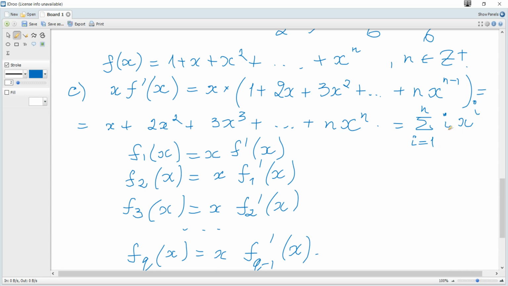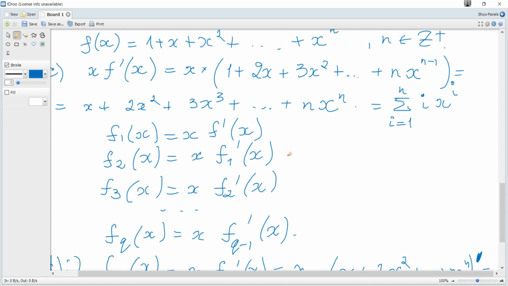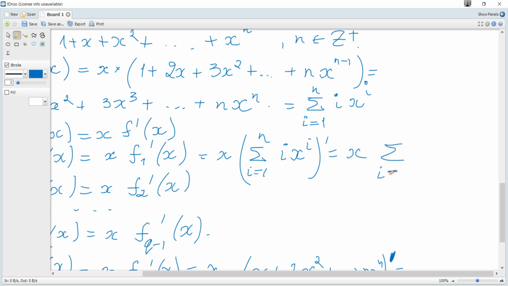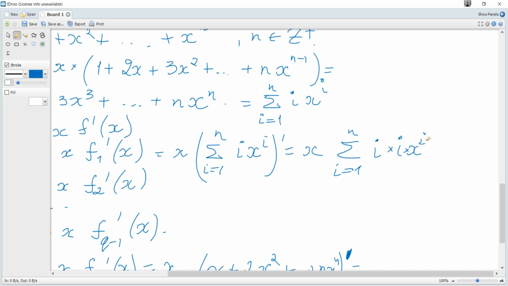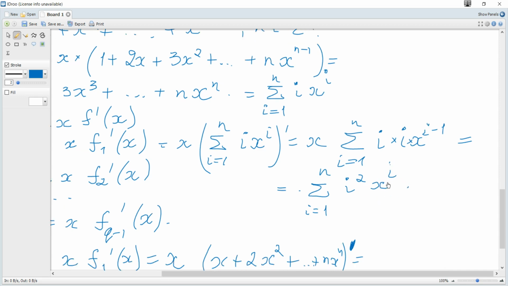So we can see when i is 1 it becomes just x, when i is 2 it's 2x squared and so on, and then f2 becomes x times the derivative of f1, so it becomes x times the derivative of this sum, and it becomes x, the sum, i is a constant, and the derivative of x to the power of i is i x to the power of i minus 1, and it becomes the sum for i from 1 to n of i squared x to the power of i minus 1 multiplied by x, it's x to the power of i as required.